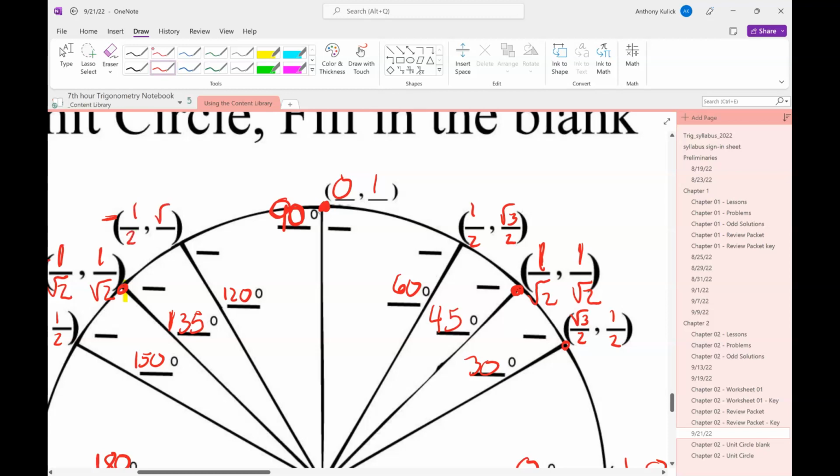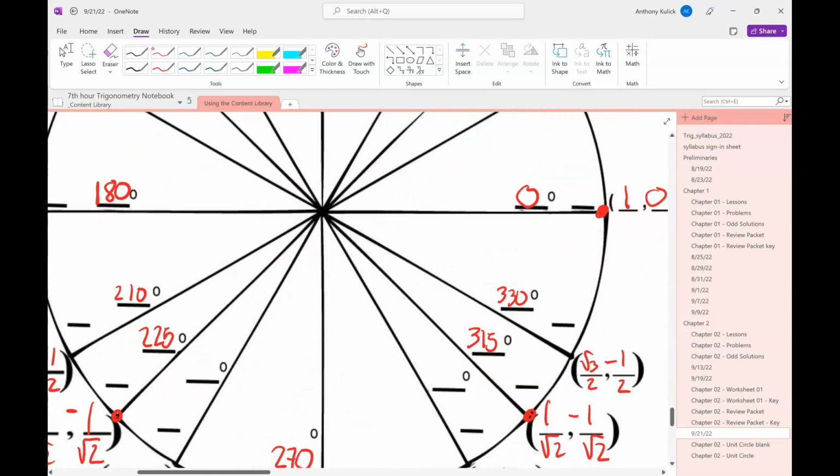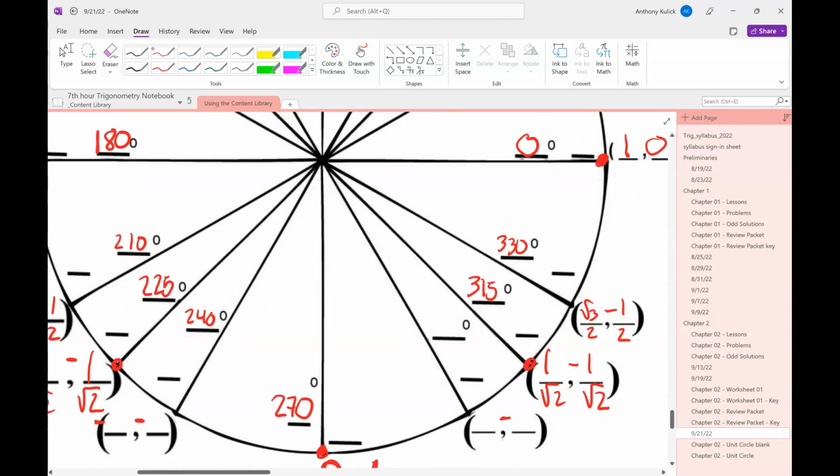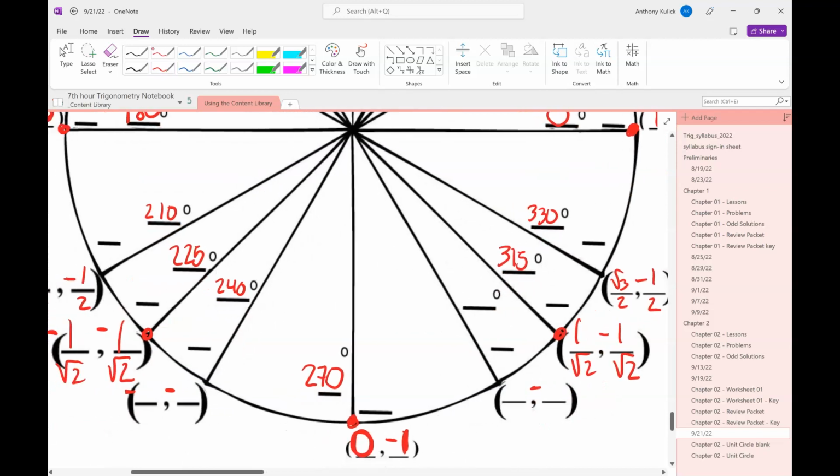And I fill in the same values because I already took care of the signs last time we did this. Is everybody okay there?